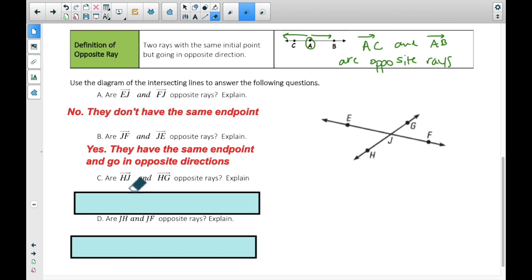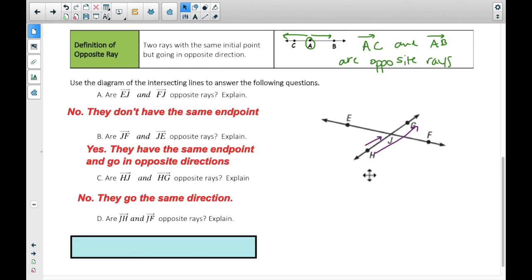So going back to my comment a minute ago, just looking at the names, they do both start with H, so that's good. But let's take a look at where they are. We have HJ going here and HG going there. Are those opposite? No. They both start at H, so that's good, but they're going the same direction, so that means they are not opposite.